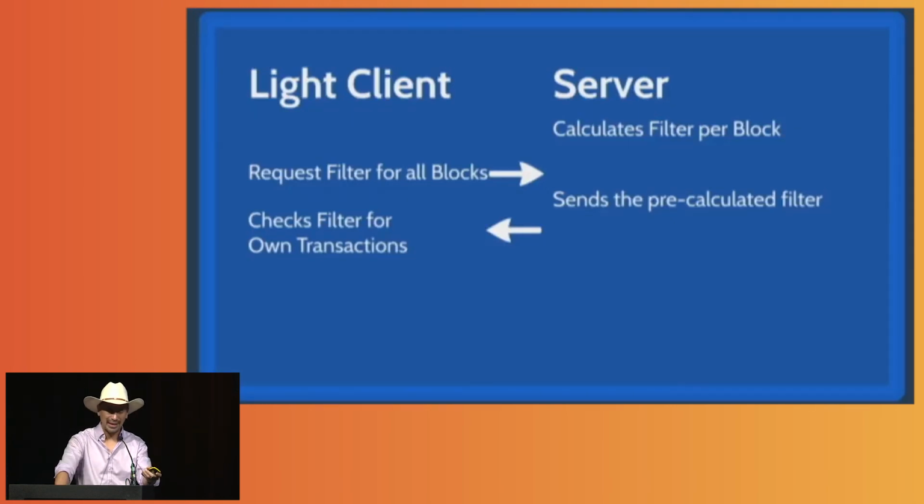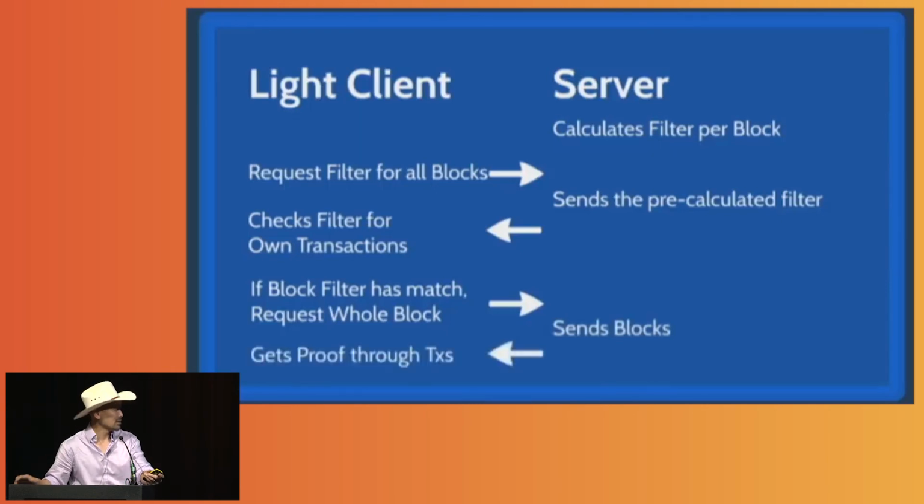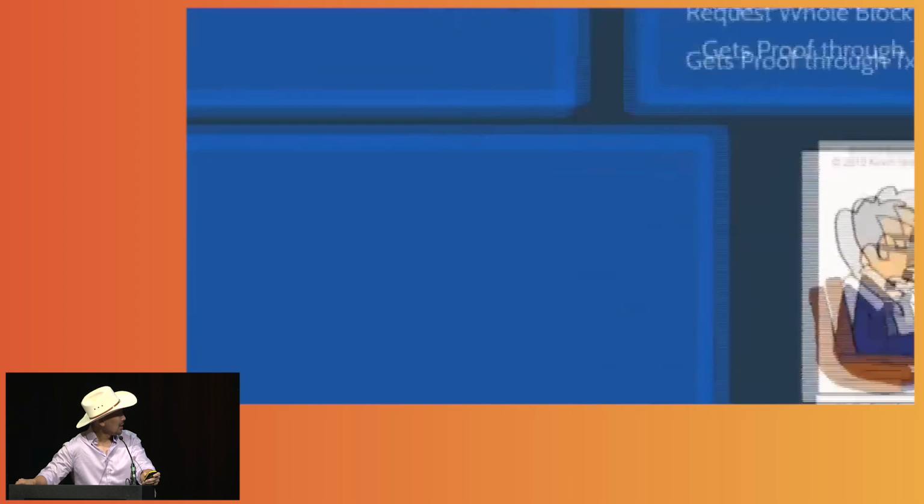If there's a match, then they request the entire block, and the server will send the entire block, of course. And the client can look through all of the transactions and say, okay, these are mine, or these are my UTXOs, or my payment was included in the block, or whatever it needs to do.